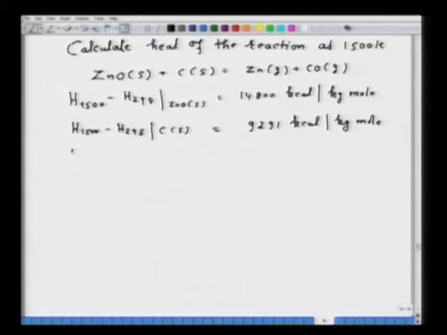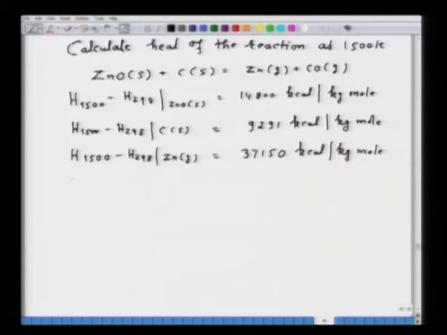So, H 1500 minus H 298 for zinc in the gaseous state is equal to 37,150 kilocalorie per kg mole.